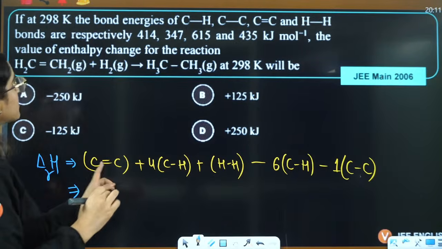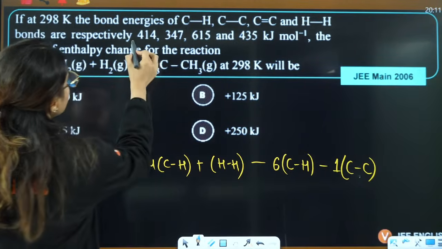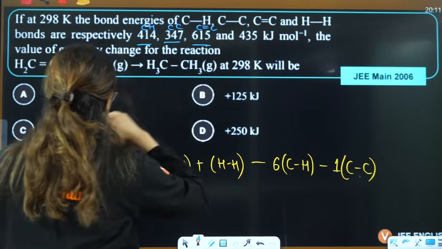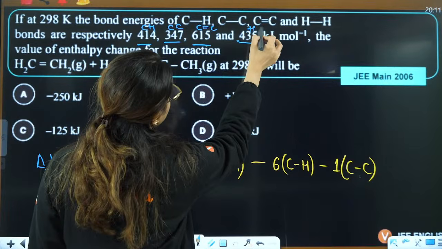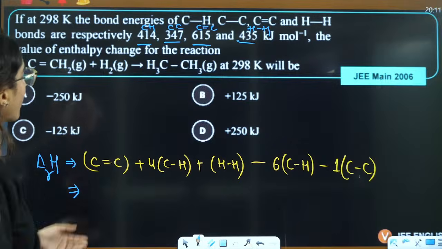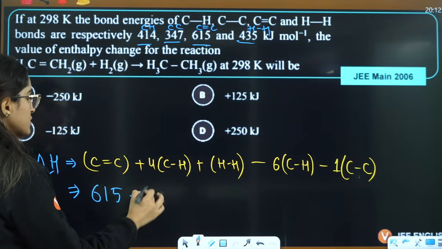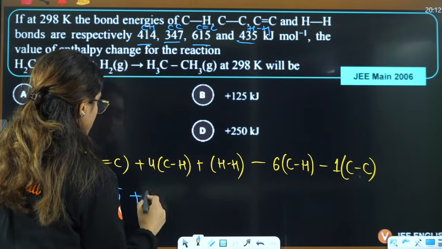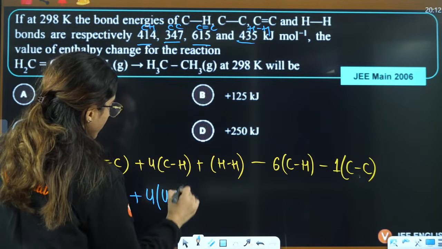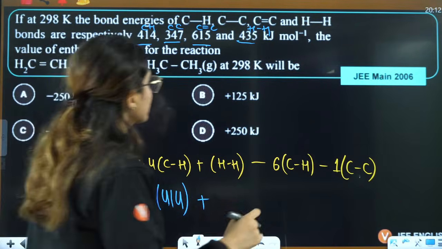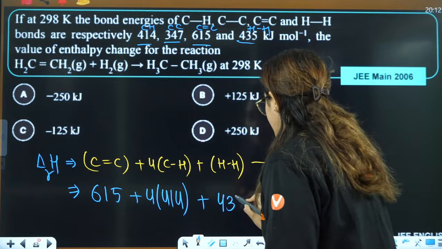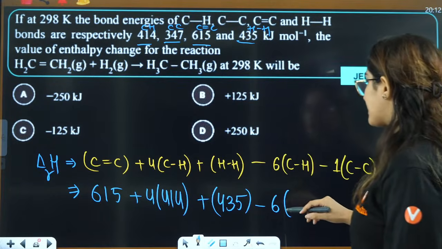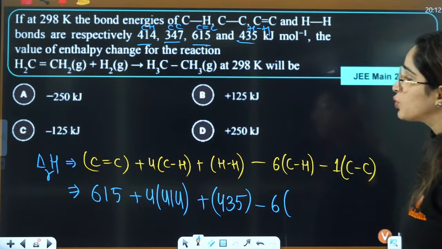If you see here, this is for CH, this is for CC, this is for C double bond C, and this is for HH, right? So C double bond C is 615, plus 4 times CH, which is 414, plus HH, which is 435, right? Minus 6 times CH. You can add it there. It will become 2 times CH only.